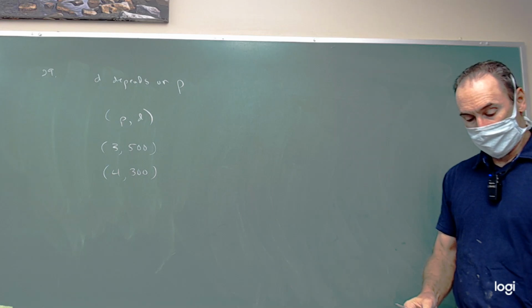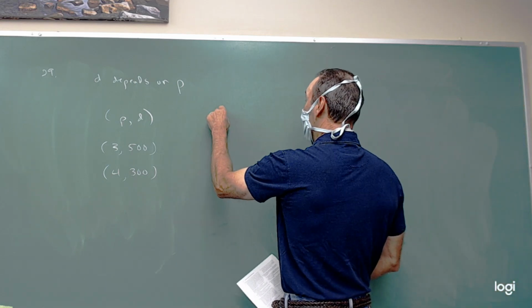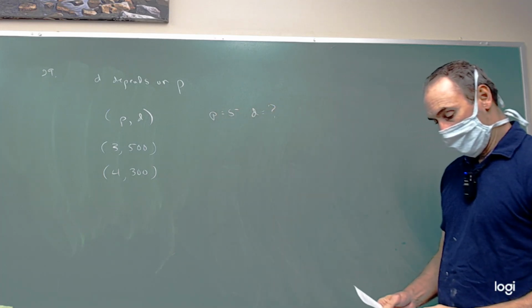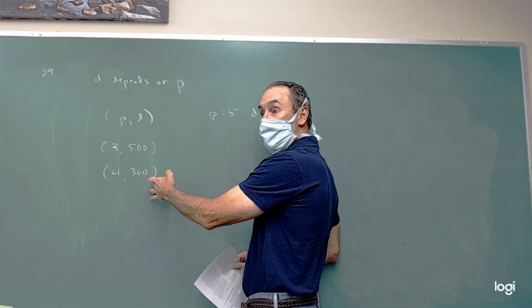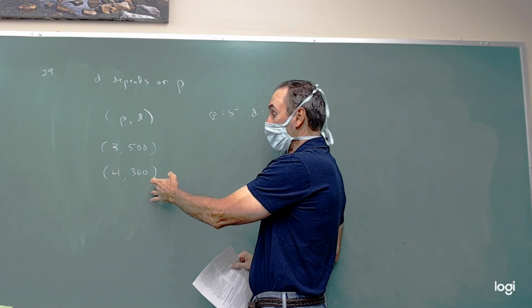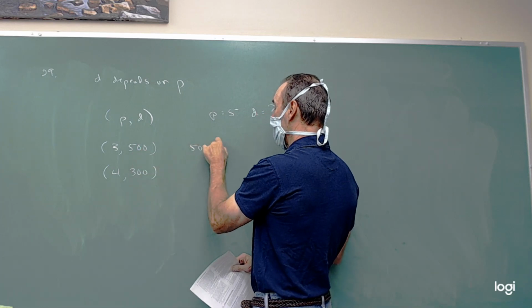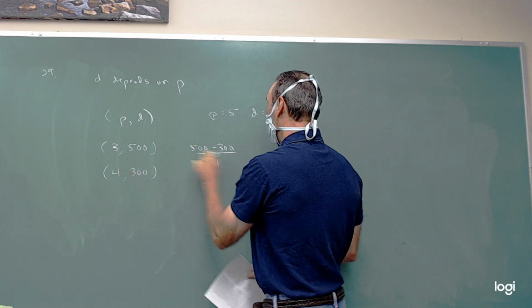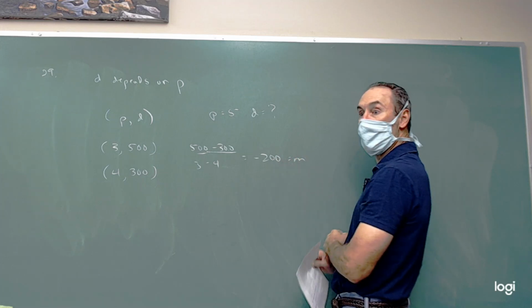So A says, calculate demand when P is equal to 5. So P equals 5, we want to know what's the demand, and interpret the result. So should we come up with an equation of a line, because it's supposed to be linear? So I'm going to go 500 minus the 300, and then I have to go 3 minus 4. So this is going to be a negative 200 for our slope.